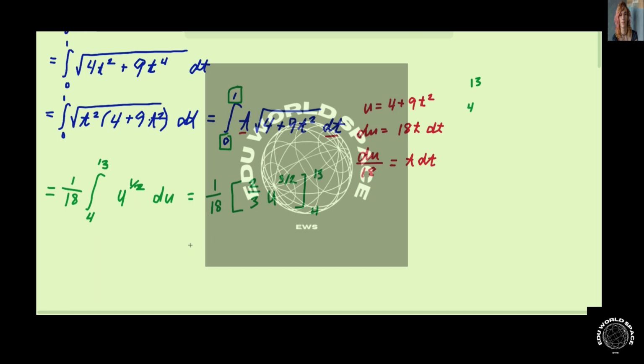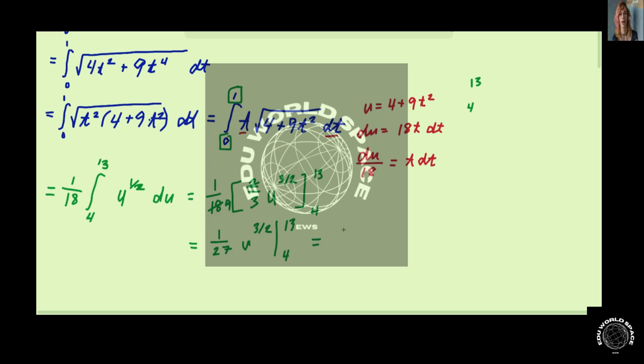Before I do that, I'm going to simplify my fractions, 1/18 and 2/3. That's the same as 1/27. So I have 1/27 u to the 3/2, evaluated from 4 to 13.